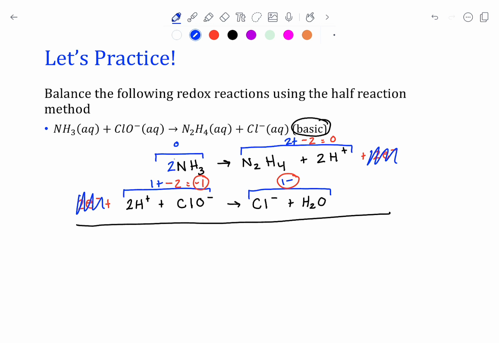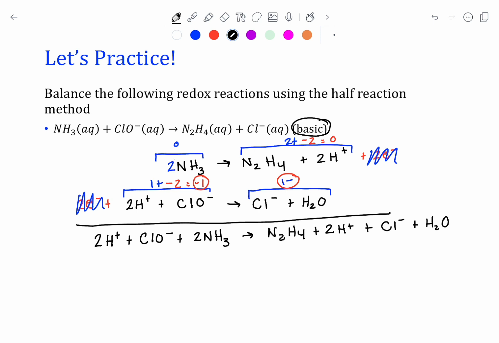We already know that. So we then get 2H plus ClO minus plus 2NH3 goes to N2H4 plus 2H pluses plus Cl minus plus H2O.